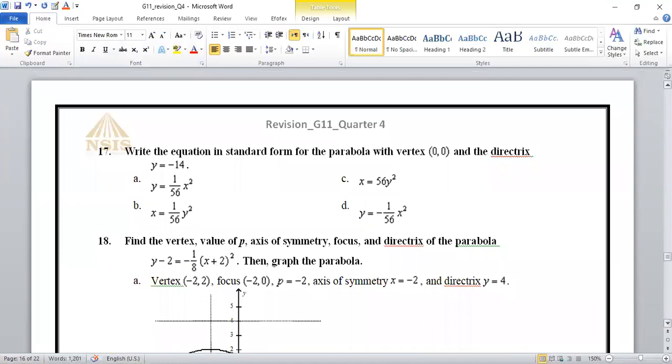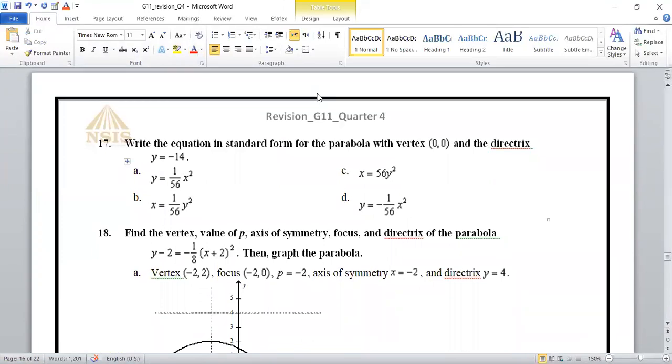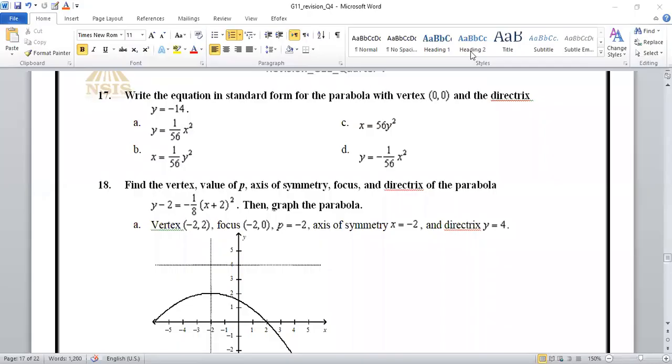Question number 17. Write the equation in standard form for the parabola with vertex (0, 0) and the directrix y equal -14.